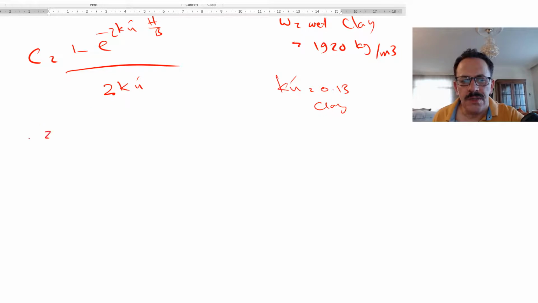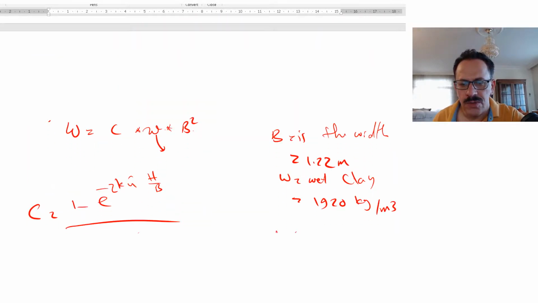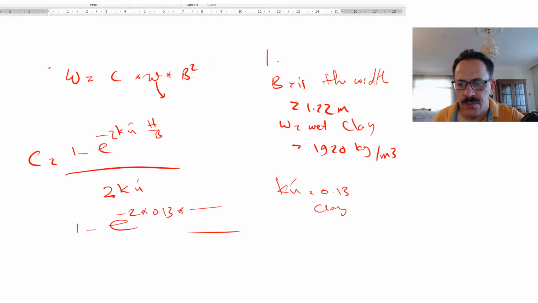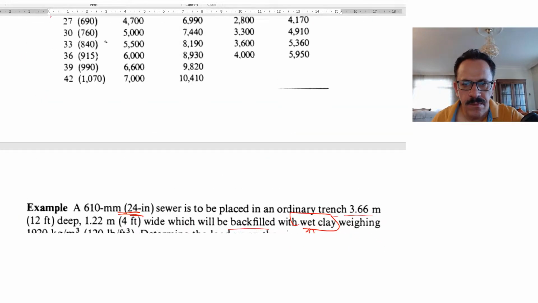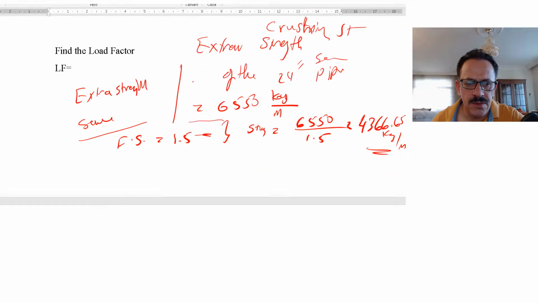So I can say C is equal to 1 minus exponential minus 2 times 0.13 times H over B. B we say is equal to 1.22, but H is 3.66 meter as it's given, I think. Yeah, H is 3.66 meter.